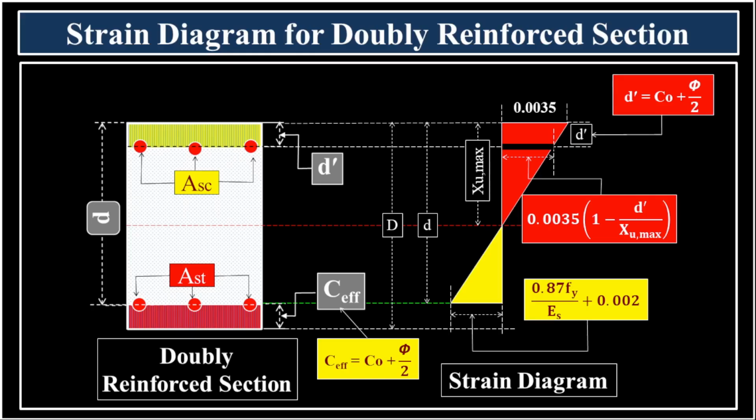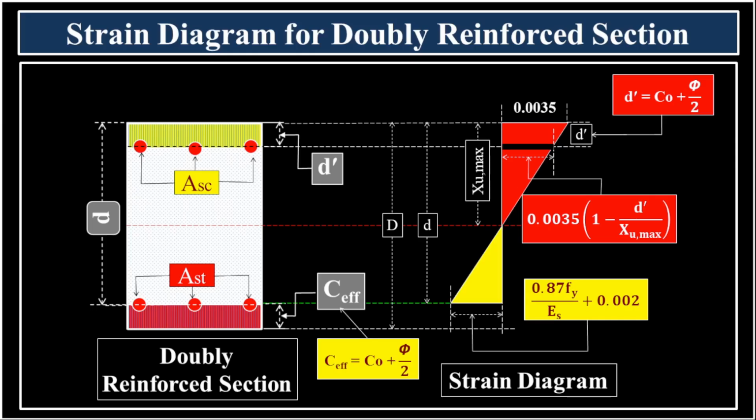The maximum compressive strain at the outermost fiber of the concrete is 0.0035. The strain at the level of the compression reinforcement, which is located at a distance d from the topmost compression fiber, is given by the expression 0.0035 multiplied by 1 minus d divided by xu max.